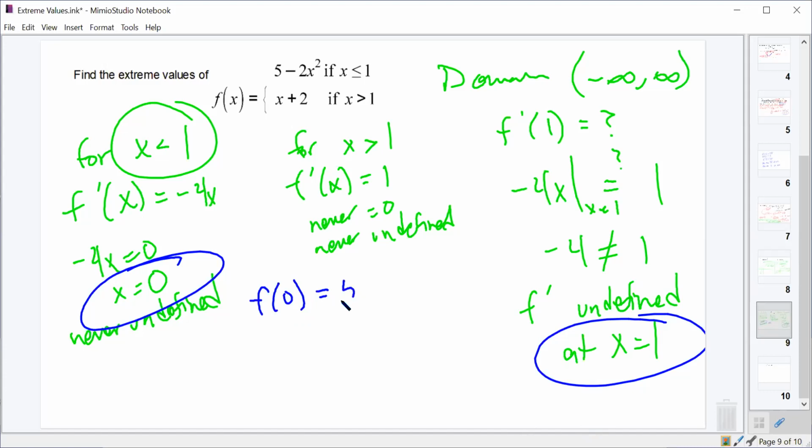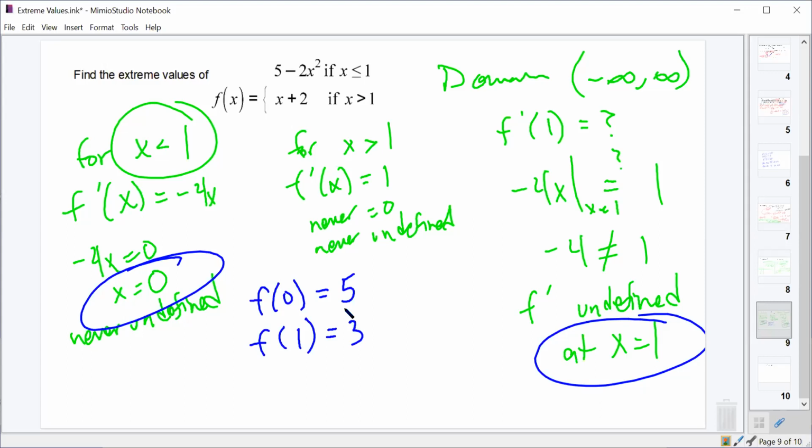Should be 5. What's f of 1? 3. Should be 3. Yeah, both from the 5 minus 2x squared. So clearly 3 at x equals 1 is not an absolute max, but f of 0 equaling 5 could be an absolute max.